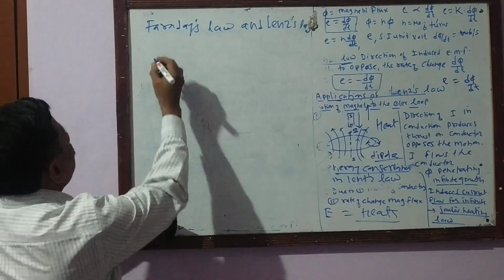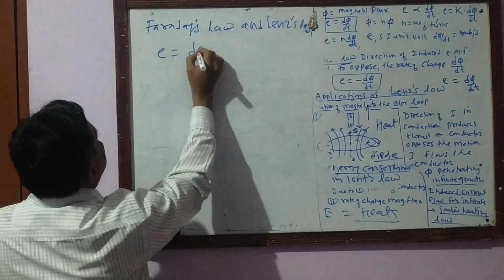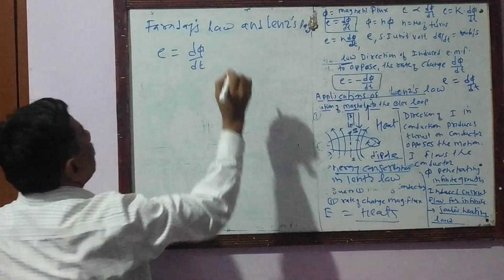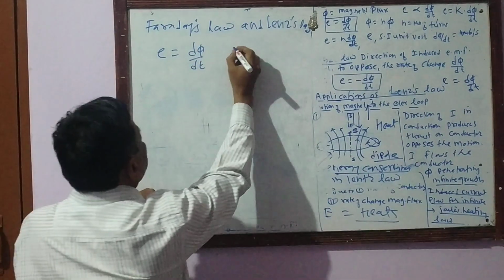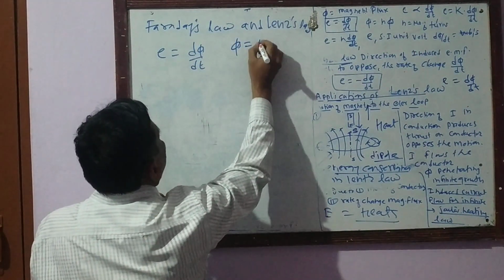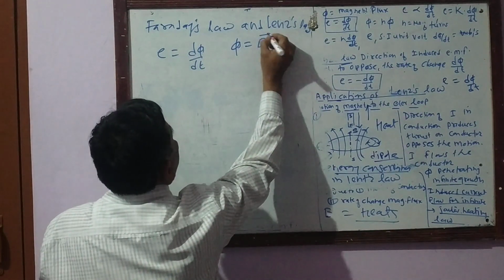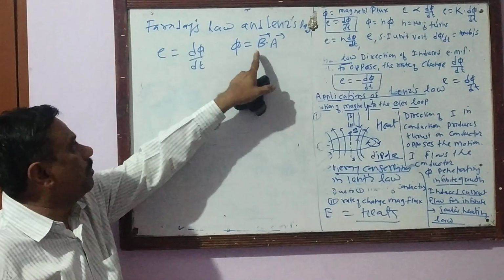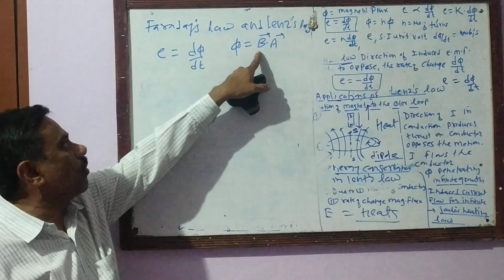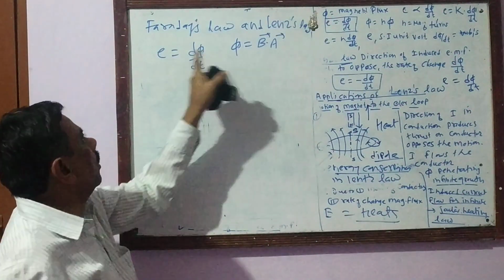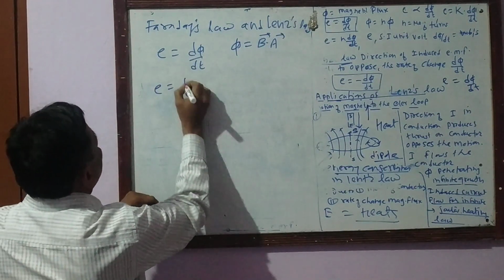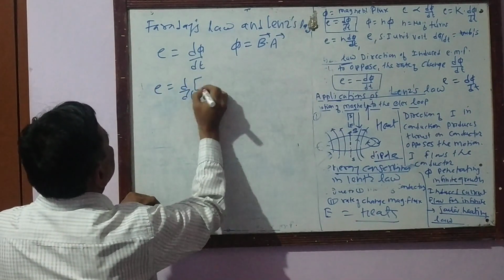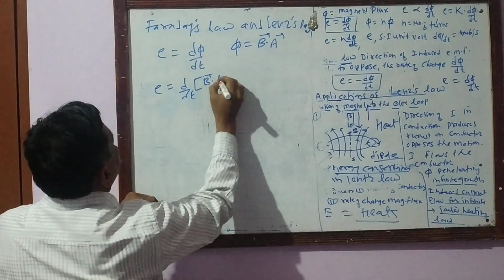Now, we know the induced EMF E is equal to d phi by dt, but the magnetic flux linked with the coil, phi, is equal to the scalar product of B and A, where A is the area of the coil and B is the magnetic field produced in the coil. Therefore, phi is equal to B dot A. Putting this value here, E is equal to d/dt of B vector dot A vector.